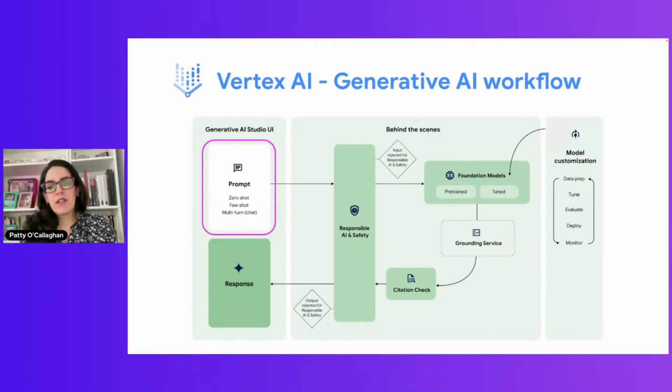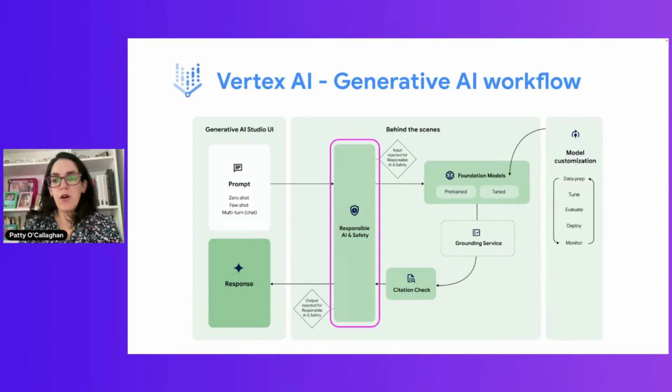Then you have few shot, where you give it a few examples of the prompt that you are writing and what you are expecting to get as a result back. So you're guiding the LLM into what you expect, or the format of the answer that you want to get back. And then you can also have multi-turn, which is kind of a chat into how you interact with it.